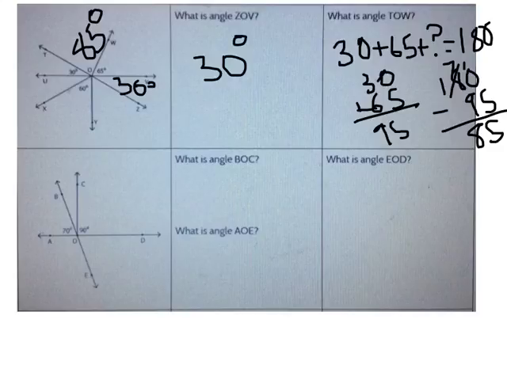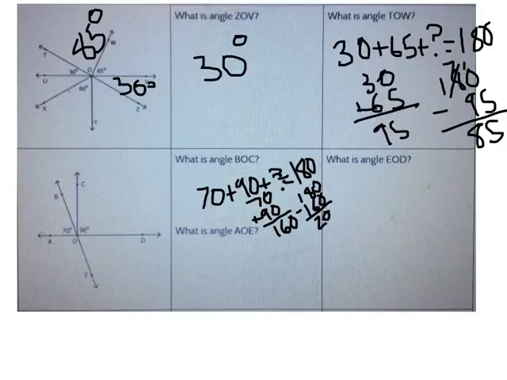Now you try a few. What is angle BOC? Angle BOC is 20 degrees. It's on a straight line with AOB and COD. What is angle AOE? Angle AOE is supplementary to angle AOB. What is its value?